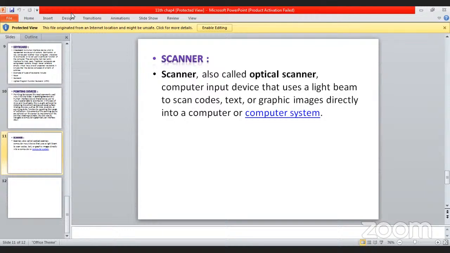This is useful for business transactions and general use also. Other scanners like the overhead scanner, the big format scanner, and the slide or negative scanner are also available in the market.